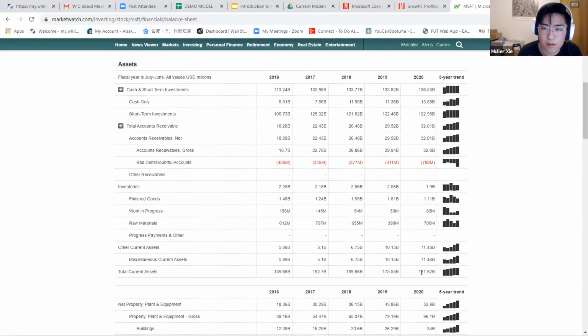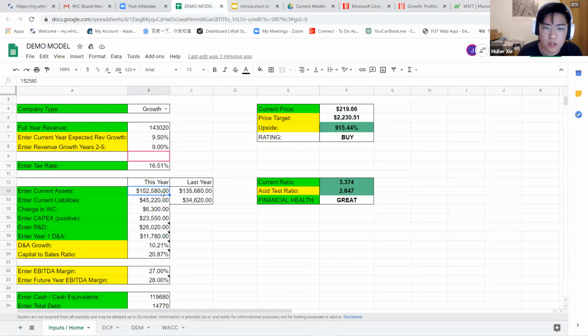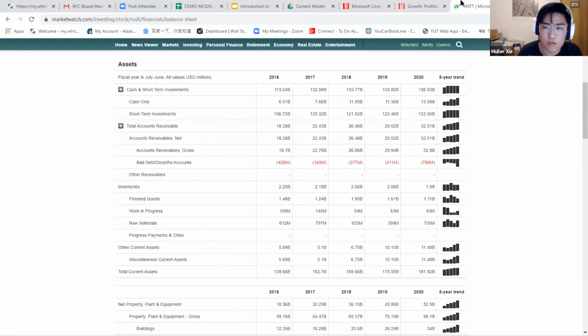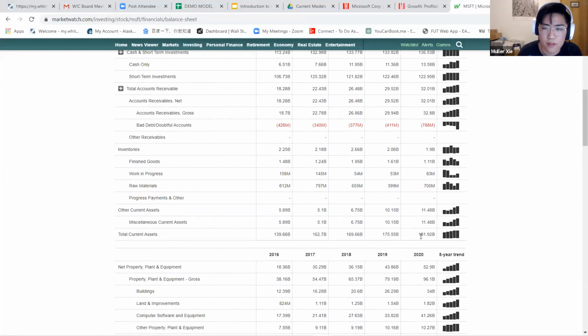From here we will take 181.92 billion, but in our model we want to make sure that the unit is consistent with the unit we put in our full year revenue. So we are going to transfer the unit from $1 billion into $1 million, which is times 1,000 on this value.